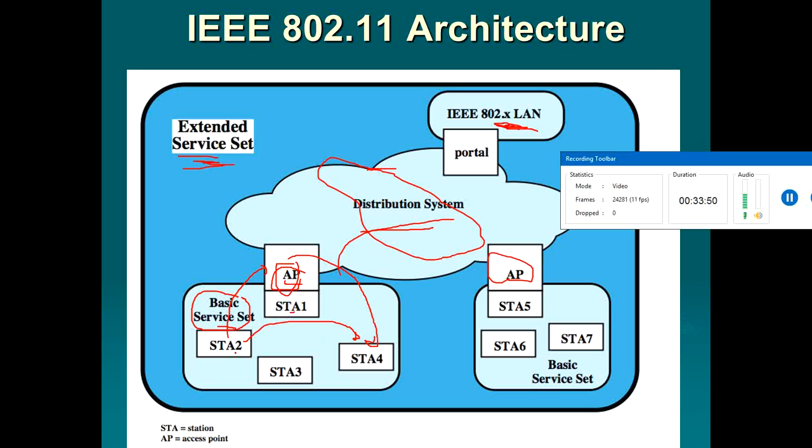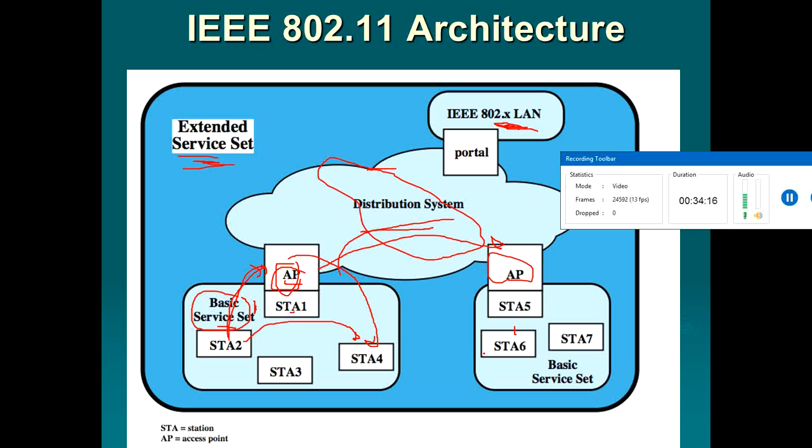Similarly, when station 2 in this basic service set wants to send a message to station 6, it will not be sent directly. Rather, the message will first be sent to the access point of basic service set 1, then from the access point of basic service set 1 to the access point of basic service set 2, and then to station 6. So they do not communicate directly.